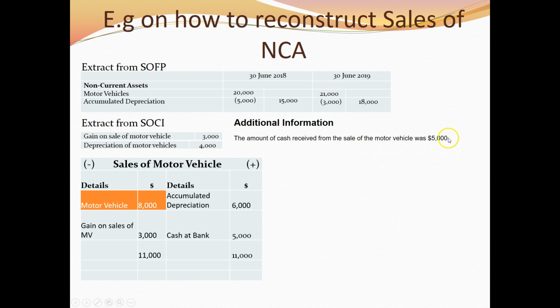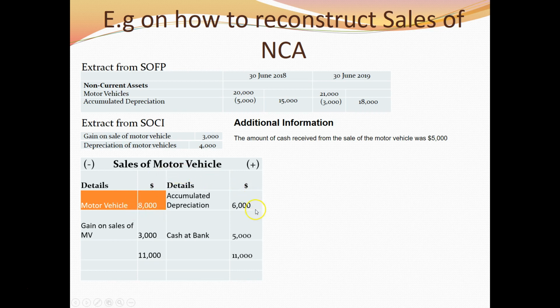Now, how do we open the accounts? First thing first, we want to find out which motor vehicle we managed to sell, because we have a gain on sale. So the first thing is to open sales of motor vehicle. Remember there are 4 pieces of information. The first is to record the motor vehicle that we managed to sell, at the cost price, which we do not know. So write motor vehicle first and leave it blank.